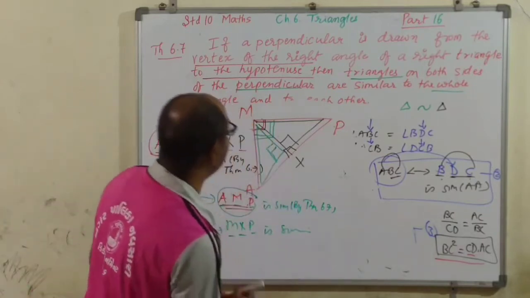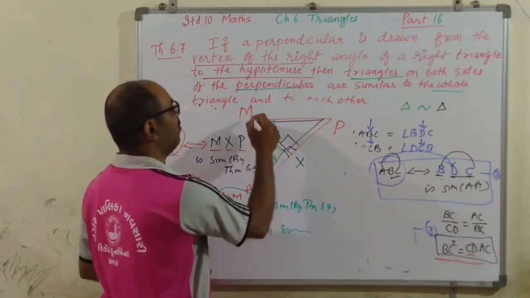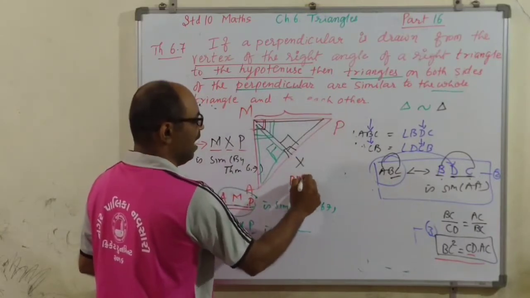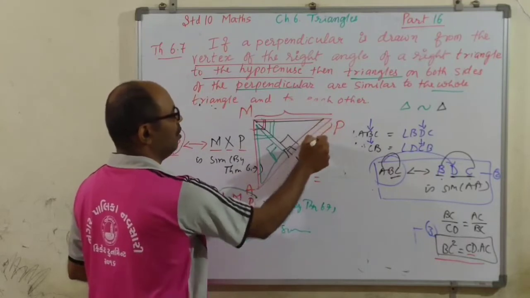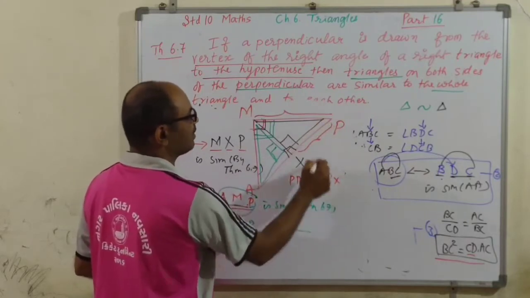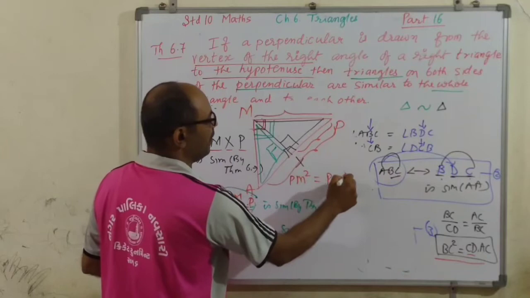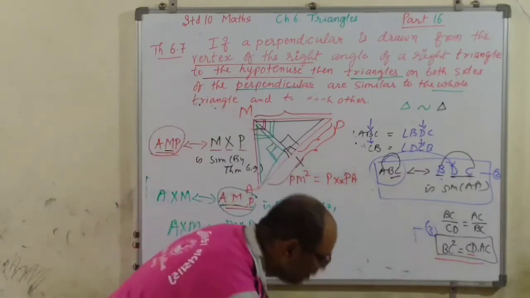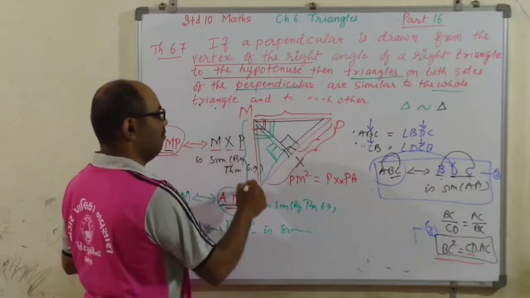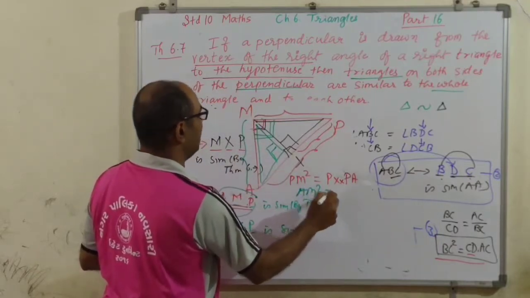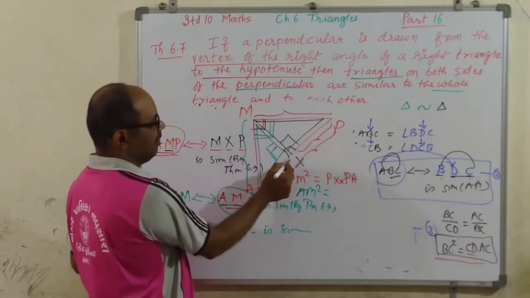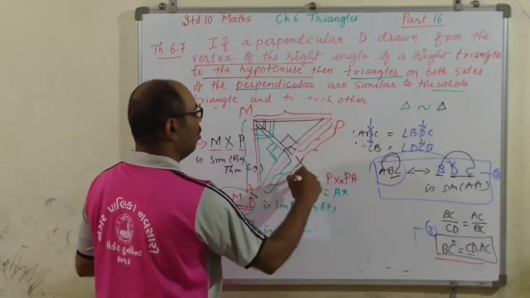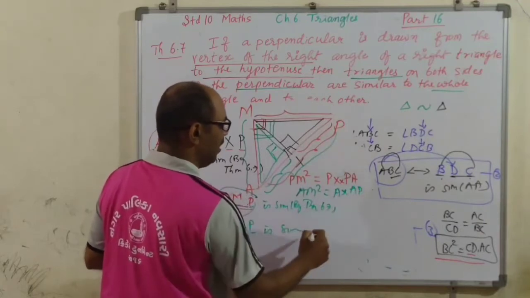Yes, geometric mean result, which is the side forming right angle PM. PM is one side forming right angle. So PM square is equal to PX into PA. Next side forming right angle is AM. So AM square is equal to the segment adjacent to that, AX, into the whole side AP, PA.